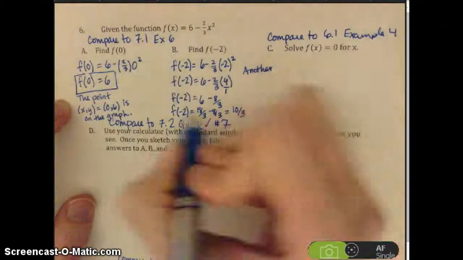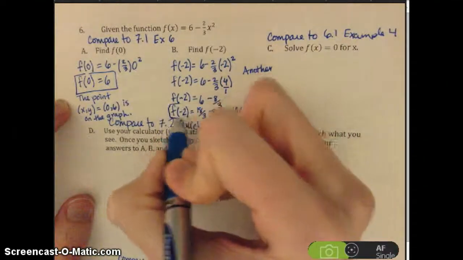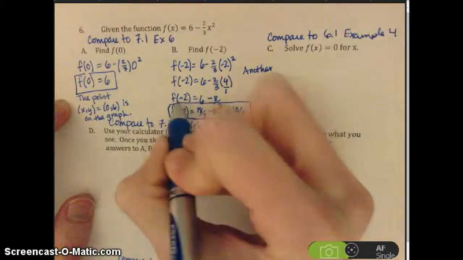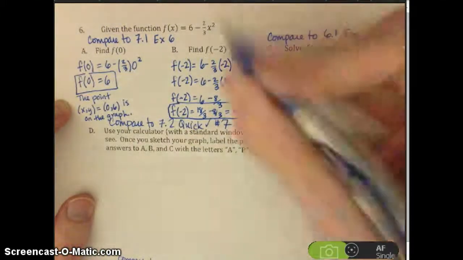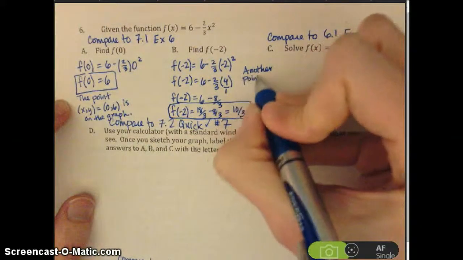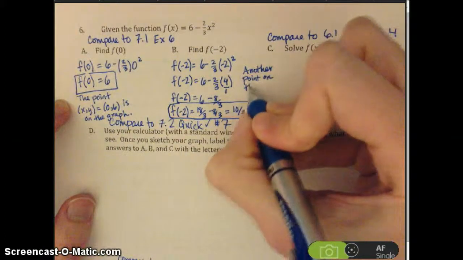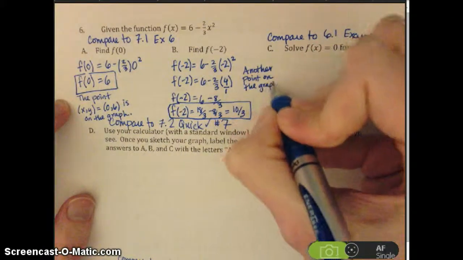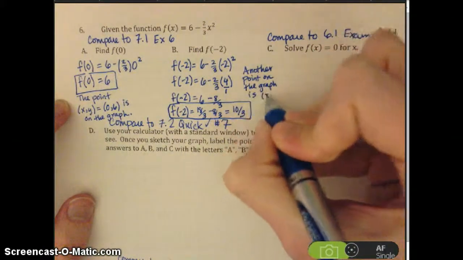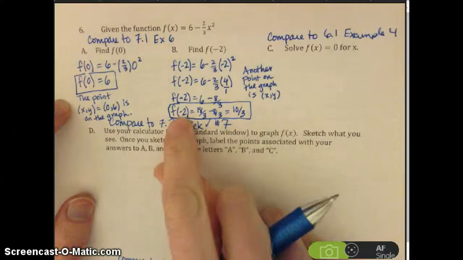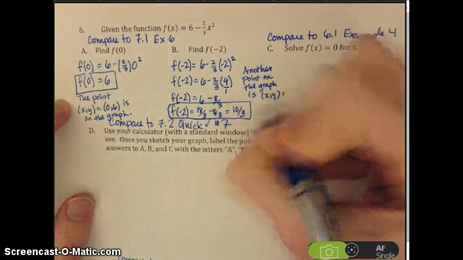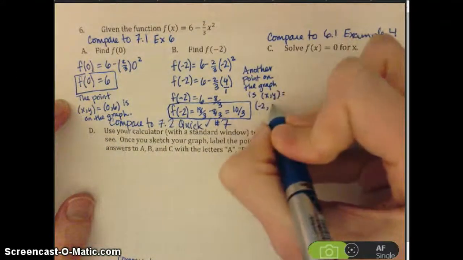Put a box around the actual answer to the question, and then make a note for myself. Another point on the graph is the ordered pair x comma y. So x is negative 2, and then y is 10/3.